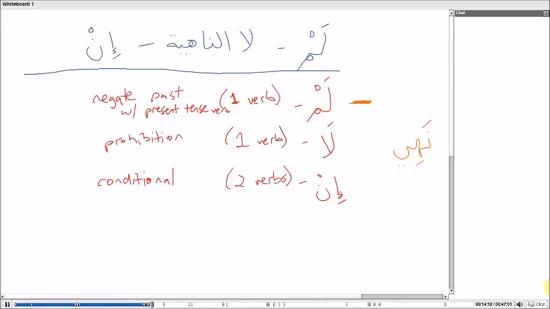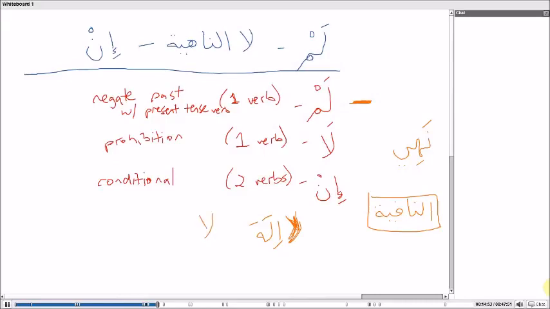Not the la of An-Nafiyah. There's a la called la An-Nafiyah, which negates that something exists. For instance, La ilaha illallah. This is not a prohibiting you from doing something, but a negation of it existing.